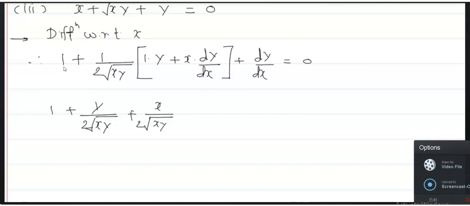Then simplify. This is 1 plus 1 upon 2 root xy into y, that is y upon 2 root xy, plus 1 upon 2 root xy into x into dy by dx, that is you will get x upon 2 root xy into dy by dx plus dy by dx, that is equal to 0.